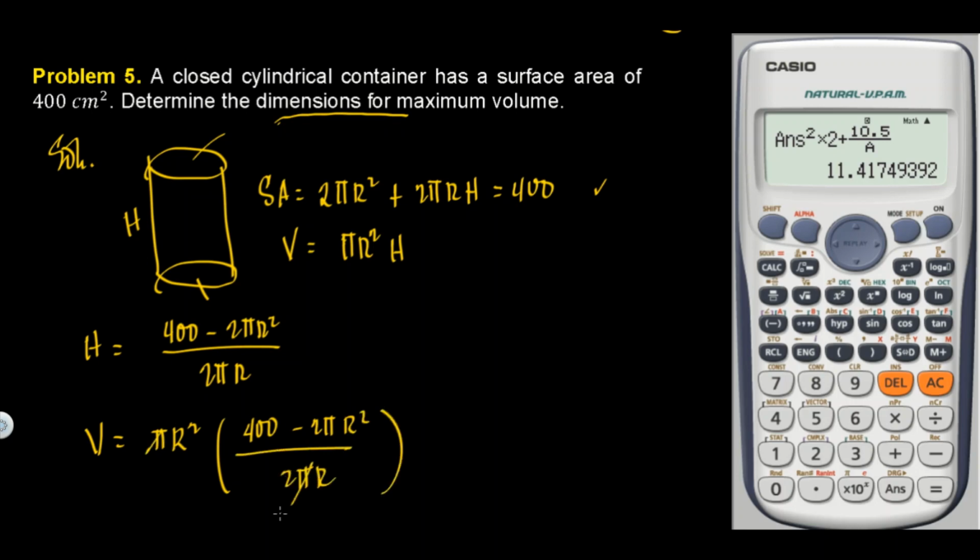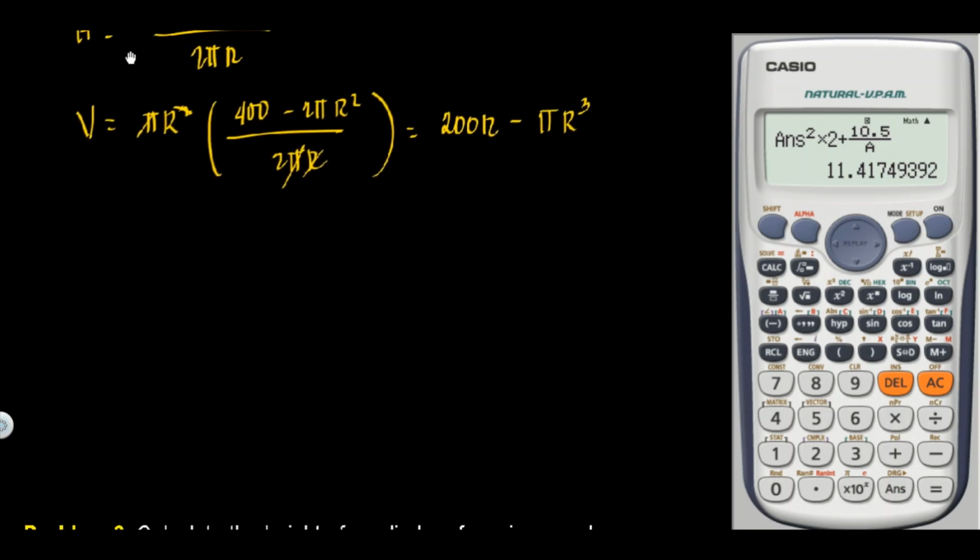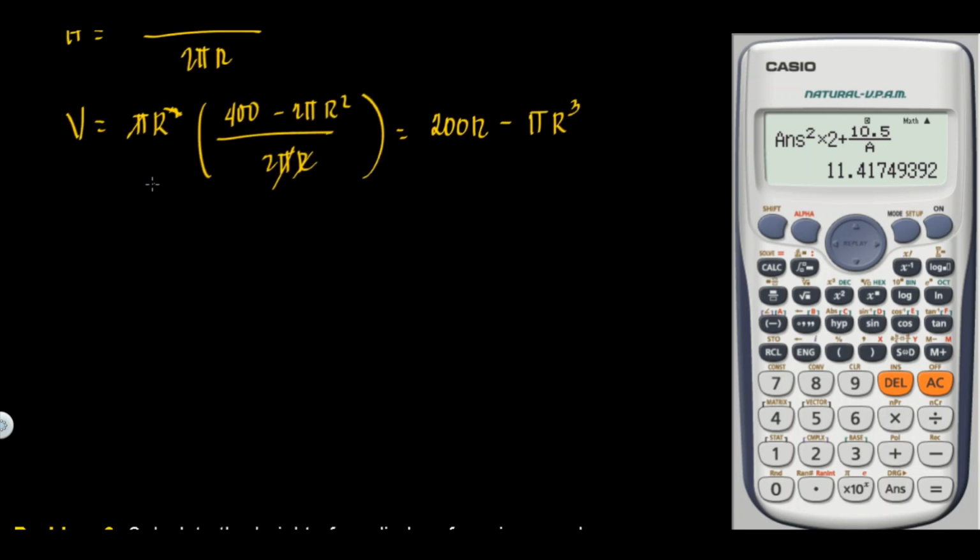Okay, cancel the pi. Cancel the r. So, we have r over 2. So, r over 2 times 400 is 200r. R over 2 times 2 pi r squared is minus pi r cubed. So, we have an equation for V. I'll differentiate V with respect to r.